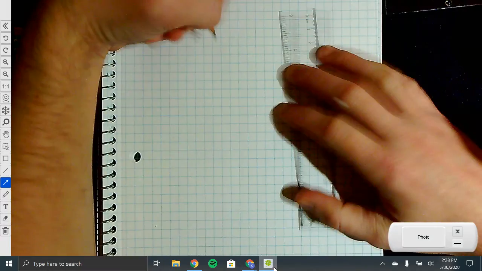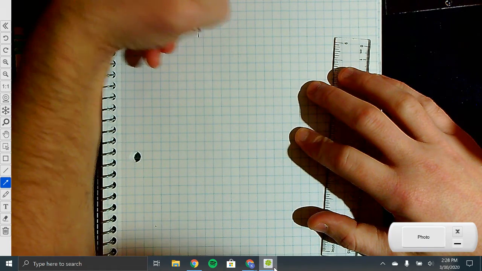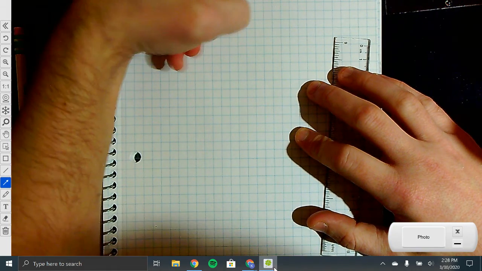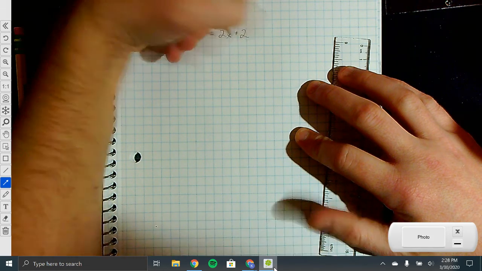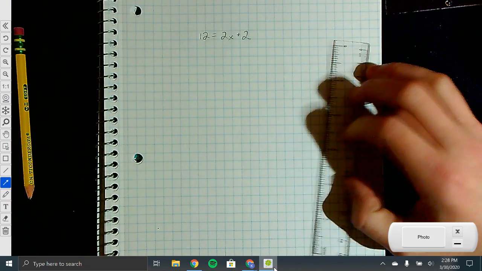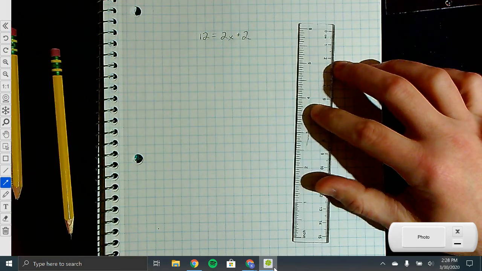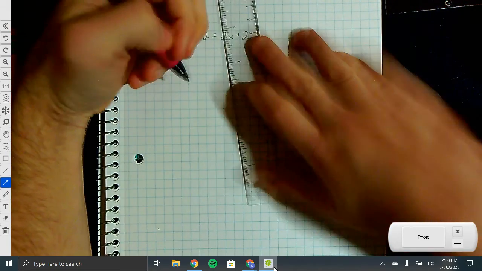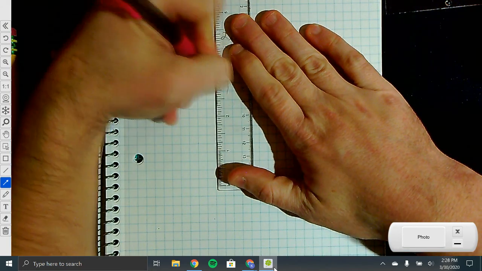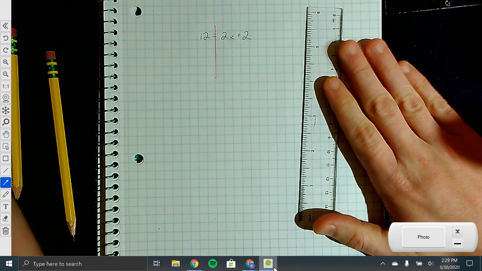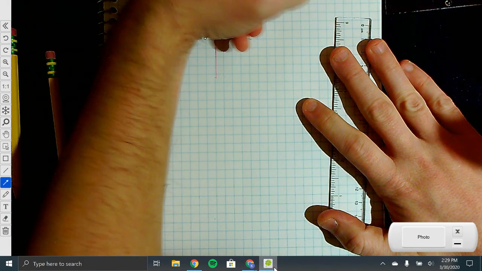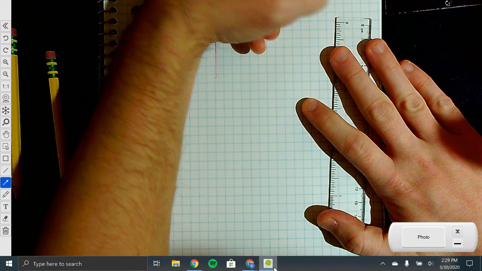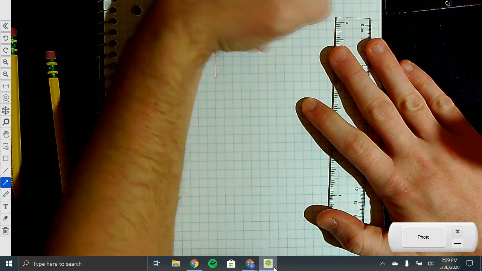So if we have any equation, such as 12 equals 2x plus 2, remember my advice is to draw a segment down through your equal sign, separate the problem, and again, think about working the order of operations backward to isolate your variable.